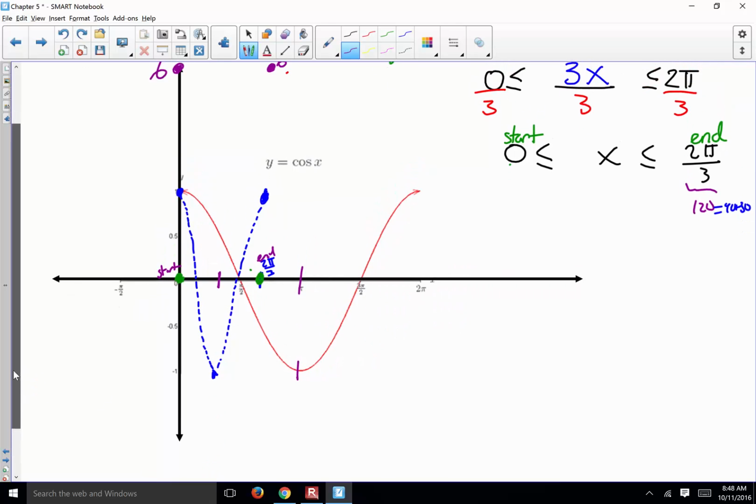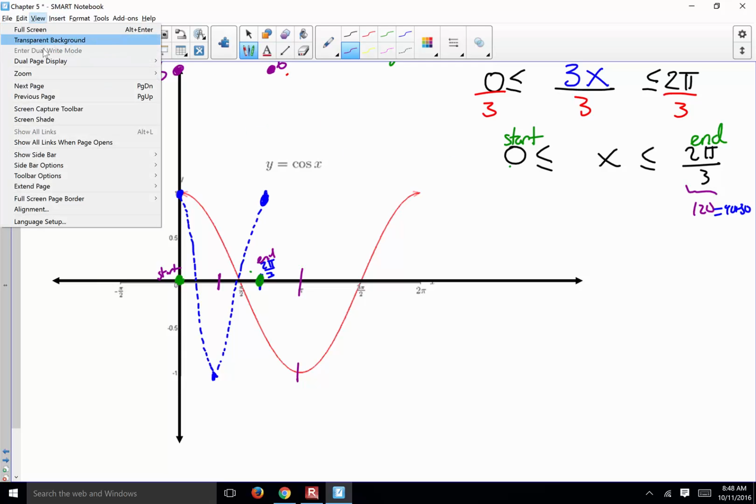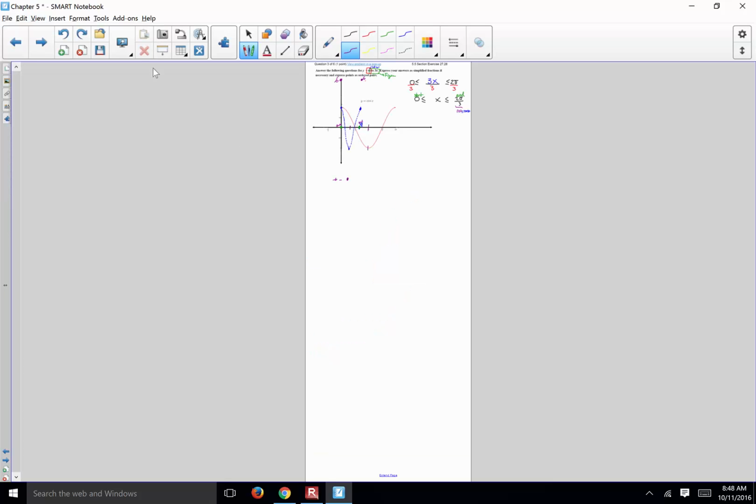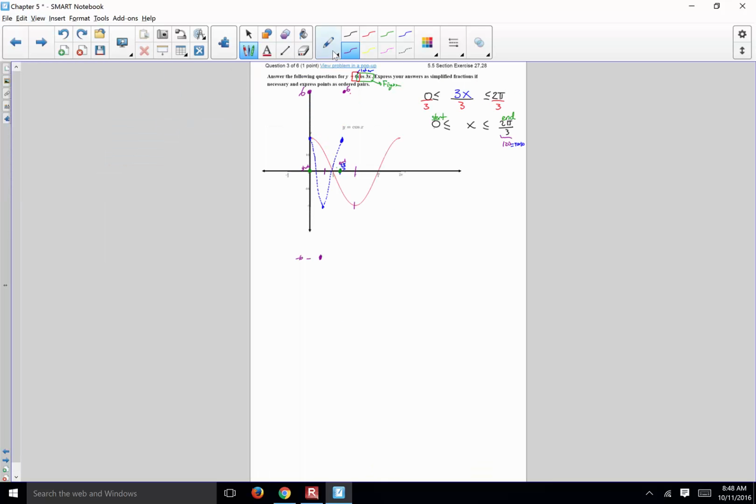Alright, so this is a tough one. I'm going to zoom out. That's too much. Let me finish this off here first. Yeah, this is a really skinny one.